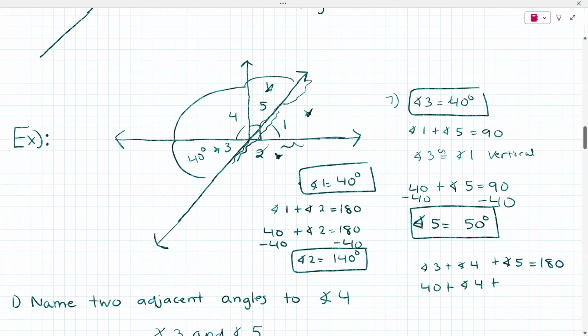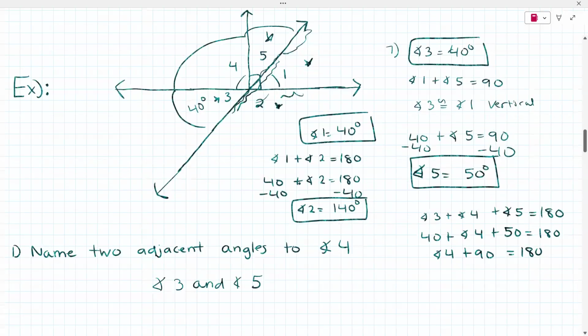And I know that angle 5 is 50. So 40 plus 50 is 90, and that equals 180. Subtract 90 from both sides, and then angle 4 is 180 minus 90, which is 90 degrees.